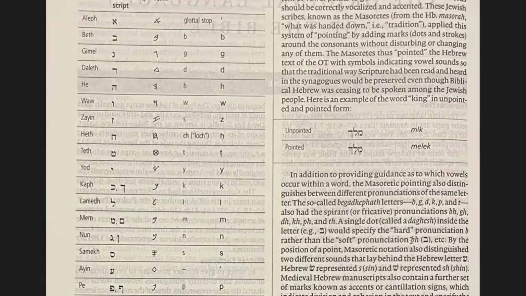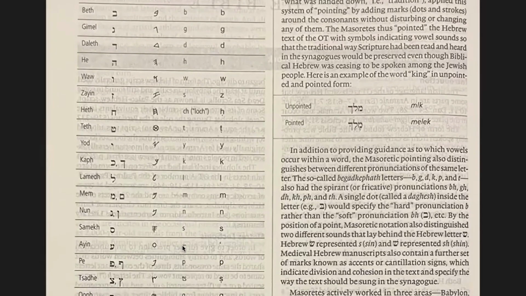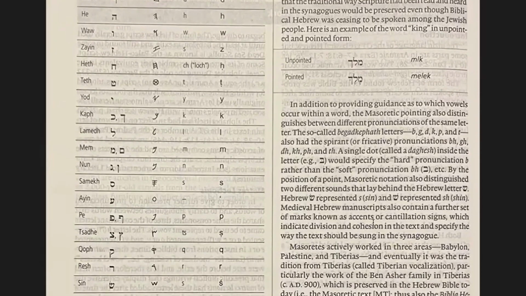By the position of a point, Masoretic notation also distinguished two different sounds that lay behind the Hebrew letter. Wait, what letter is that? Hold on a second. Let me get that. Oh, sin. The Hebrew letter there, and that's the sin. Hebrew sin represented S, sin, and this shin represented shin.